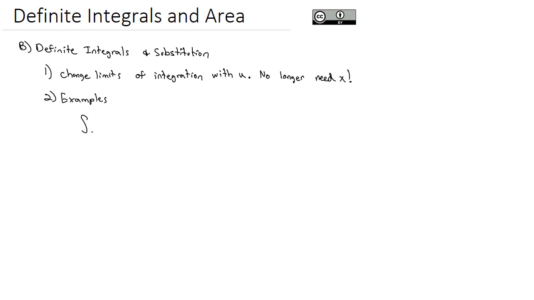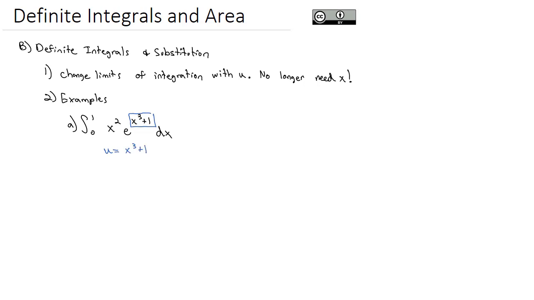Let's do the integral from 0 to 1 of x squared e to the x cubed plus 1 dx. On this problem, we can see if we take the exponent on the e and make that our u, it's going to become much easier to solve.